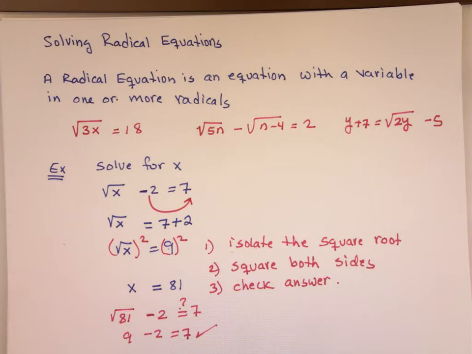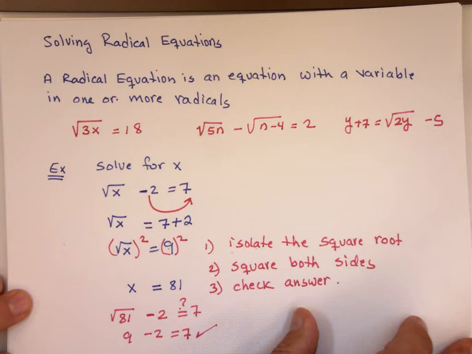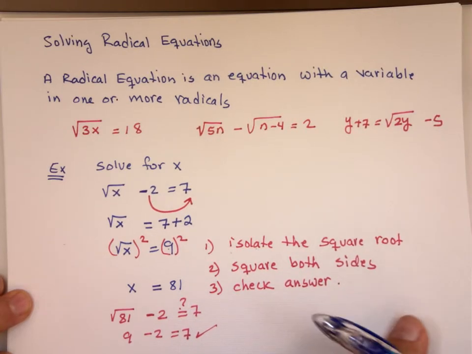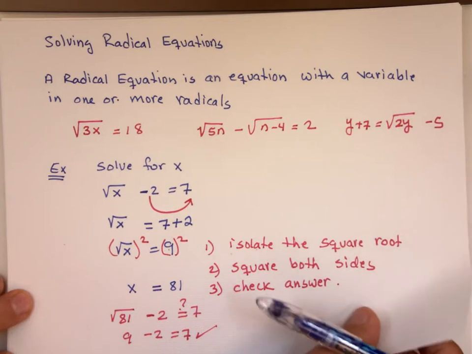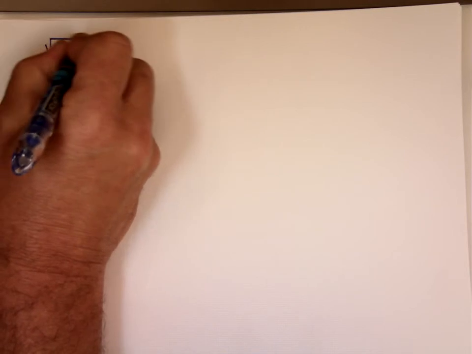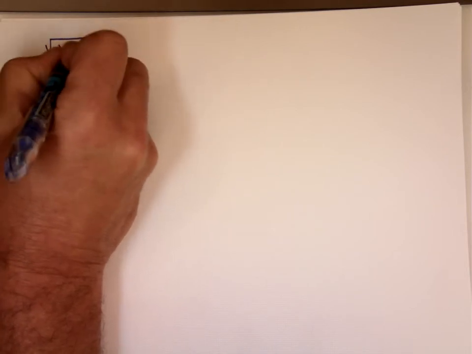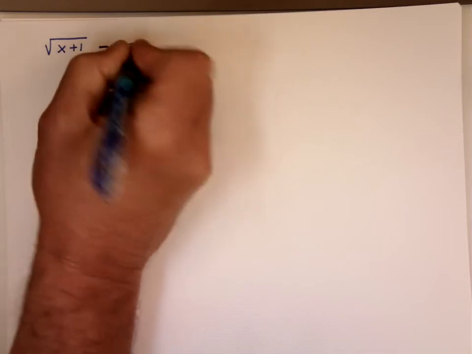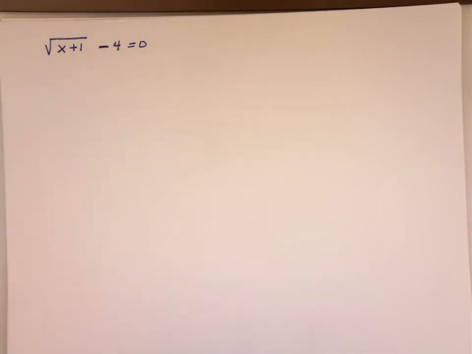Let's try another one. The square root of x plus 1 minus 4 equals 0. Again, isolate the square root.